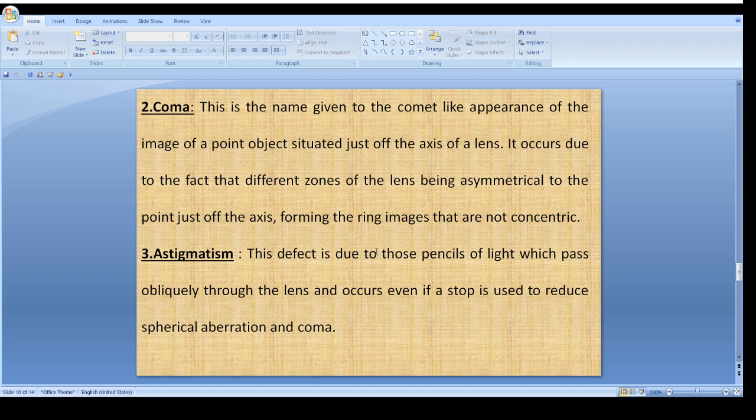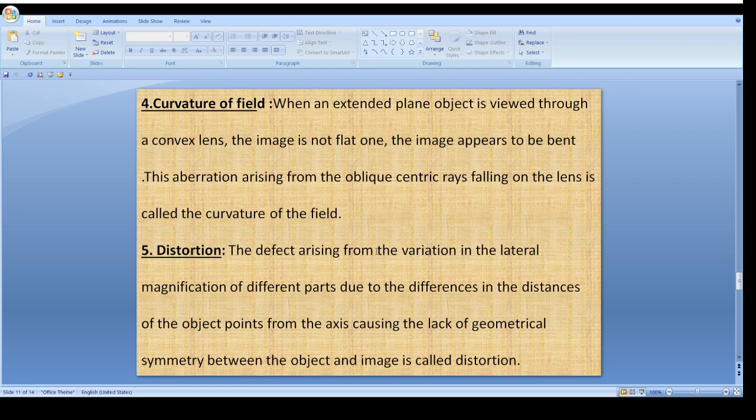Third one, astigmatism. This defect is due to those pencils of light which pass obliquely through the lens and occurs even if a stop is used to reduce spherical aberration and coma.